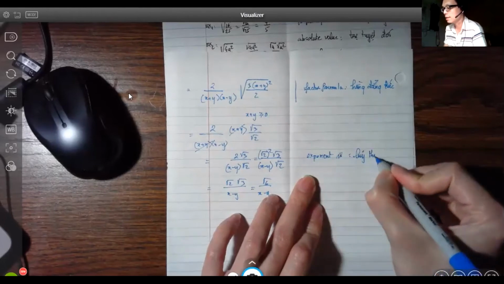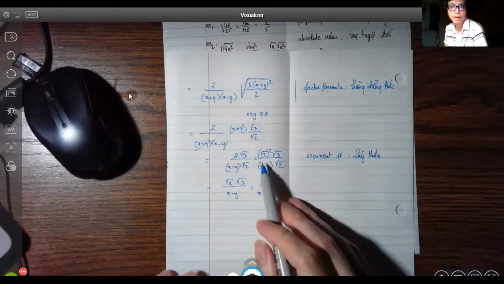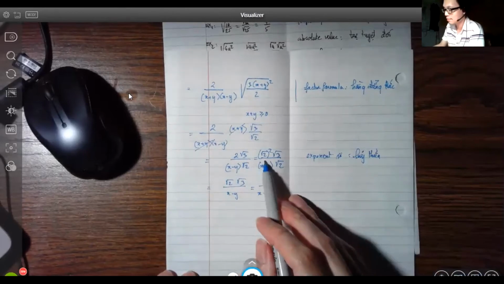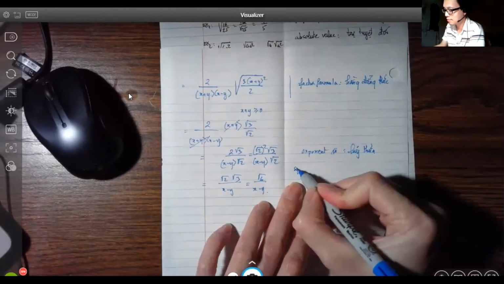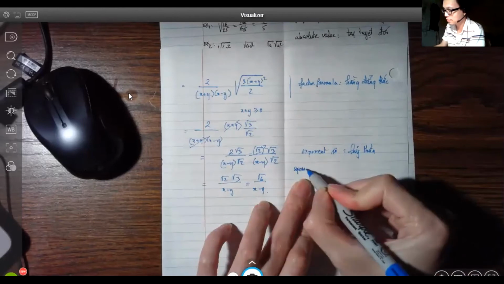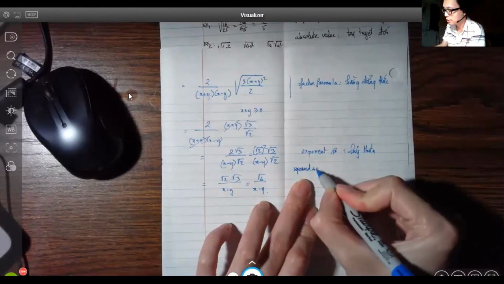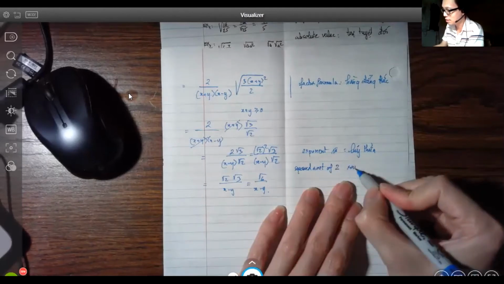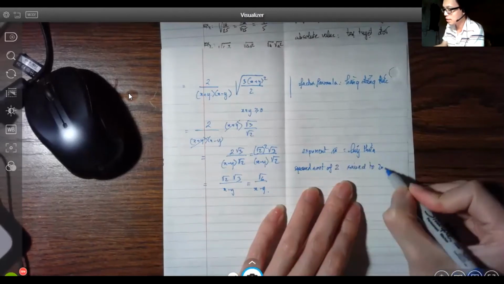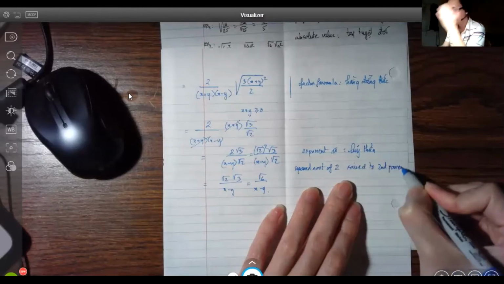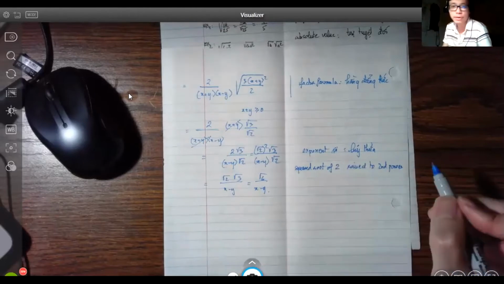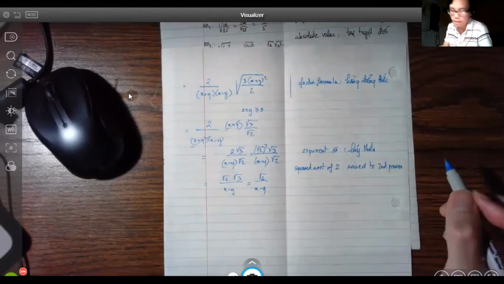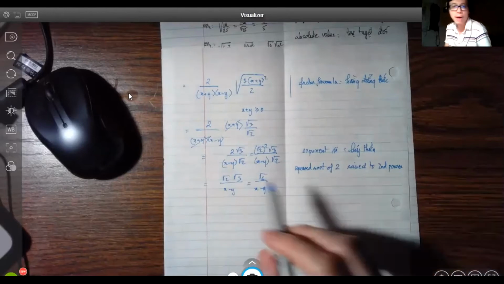So I can say like the square root of 2 raised to the second power. Sometimes mình gọi là power. Okay, you can say raised to the second degree. Okay, tại vì những cái này nó gọi là cái power number.